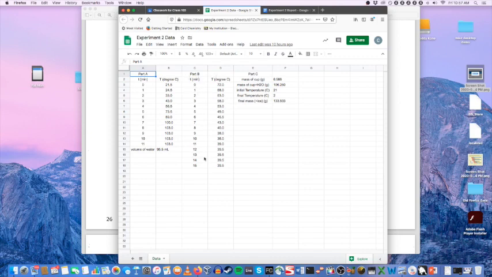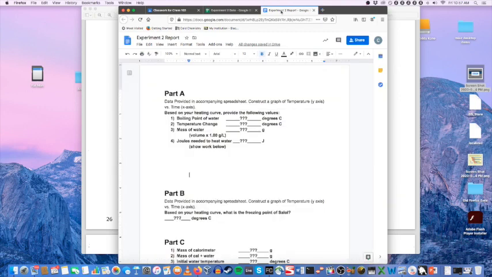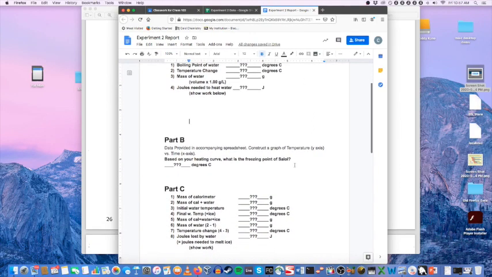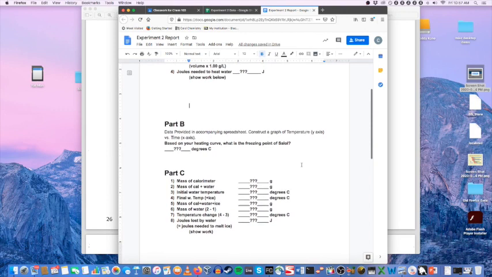There are 15 temperature and time readings, and they decrease this time. So, for the report, the temperature will decrease and then it will plateau. The plateau is the point at which salol freezes, so that's the answer for part B. Obviously, you also have to make the graph with temperature on the y-axis and time on the x-axis.